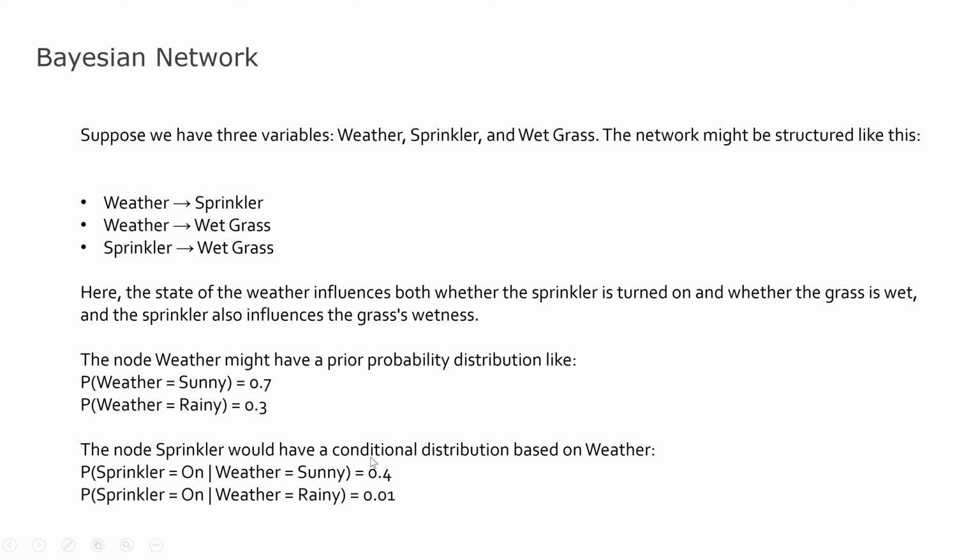So how will we create this graph? The weather affects the sprinkler, and the weather affects the wet grass. How can you relate these? All the probability will work in the Bayesian network. And we have the vectors in that model.